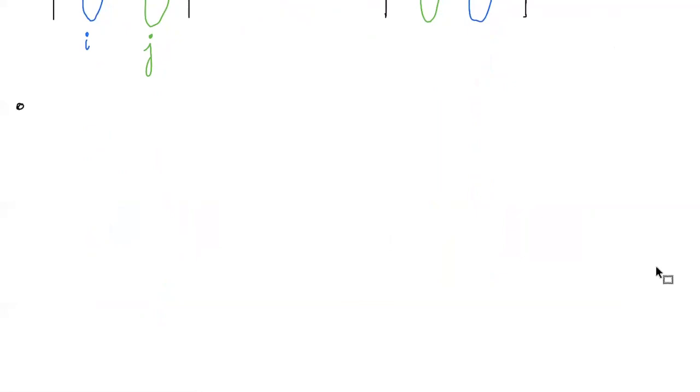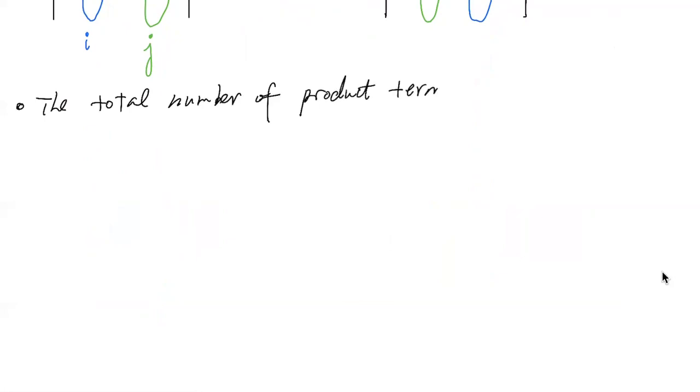And the total number of product terms in the expansion of the Slater determinant, which here I simply write as SD as the abbreviation for Slater determinant, is equal to what?